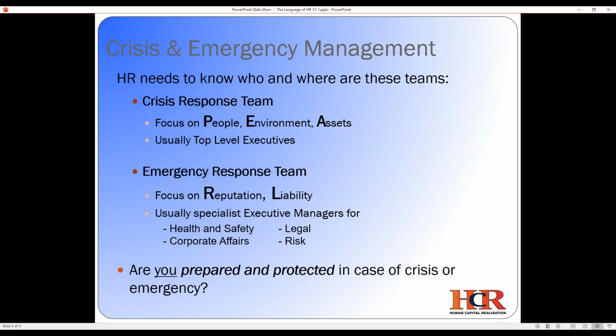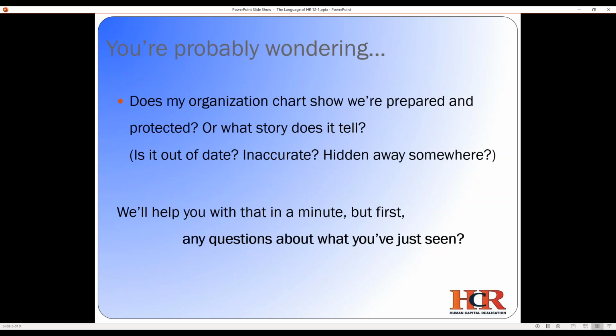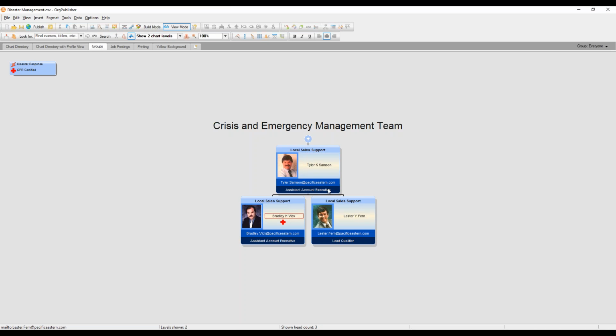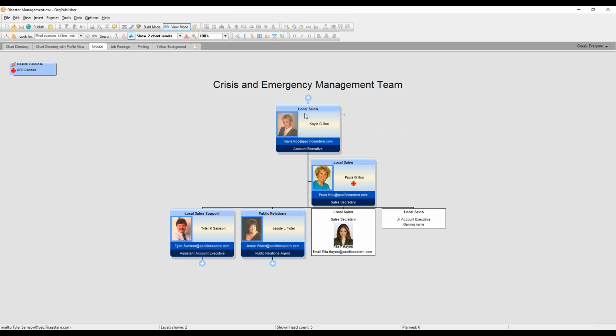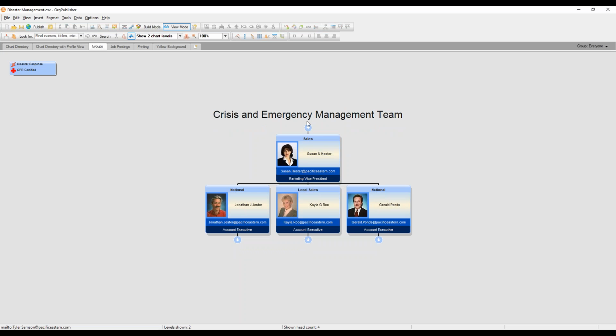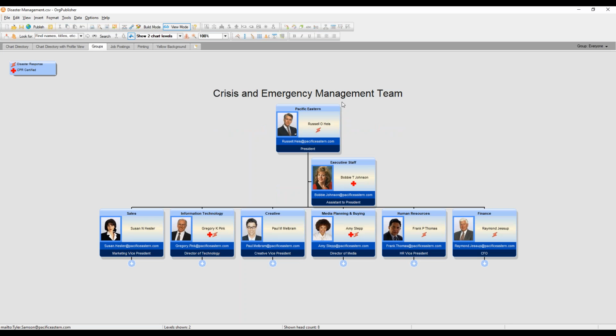So let's just move on, and let's just think of another story that the organisation chart can be used to tell. So I'm just drilling up to the top of the organisation. Now, let's consider a scenario like this. We don't really like to think of crises or emergencies, but they can happen, all right?